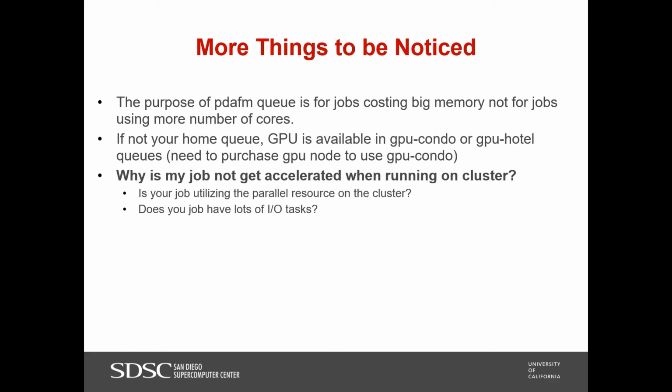More things to be noticed: you can use a big memory node in the PDA FMQ, and you can use GPUs in the GPU hotel queue or the GPU condo queue if your group has purchased some GPU nodes.